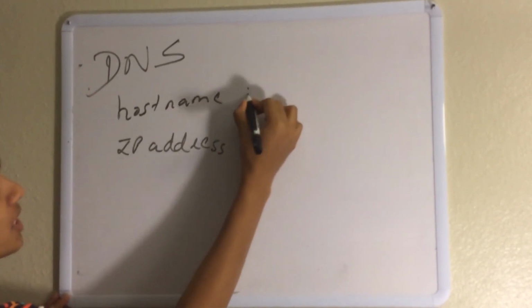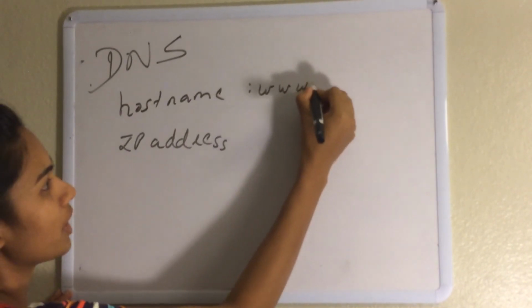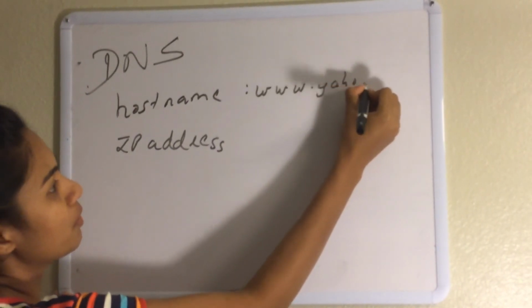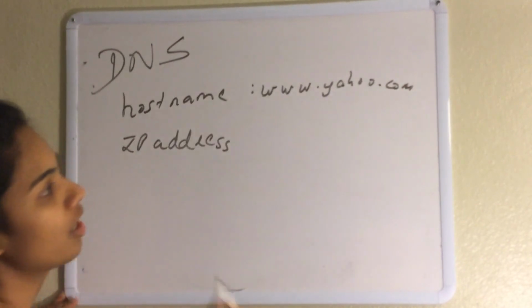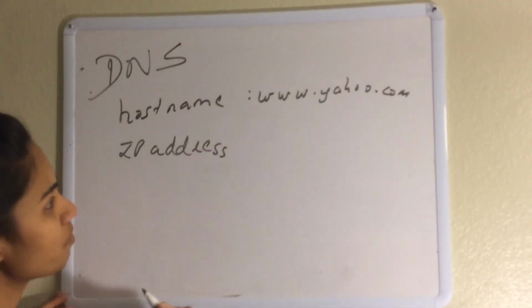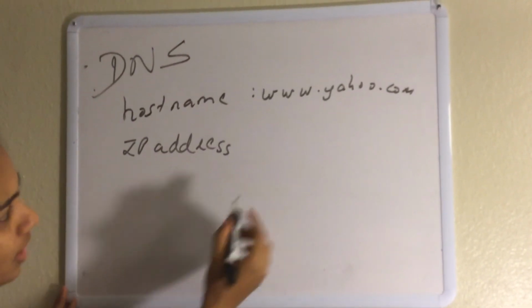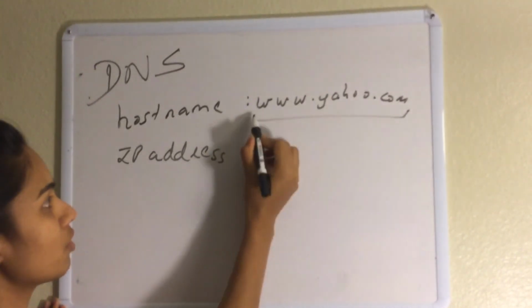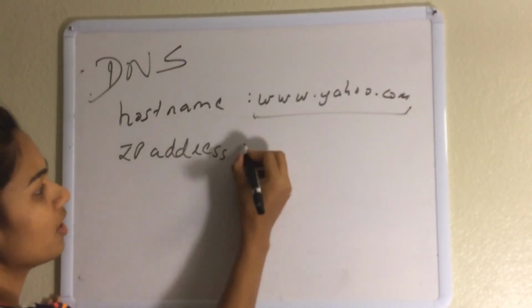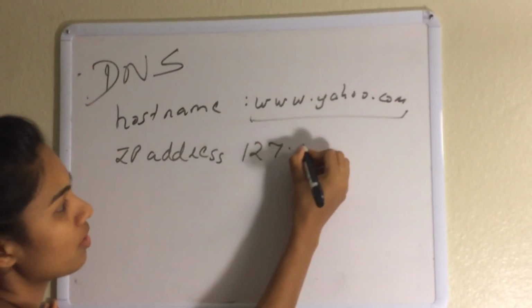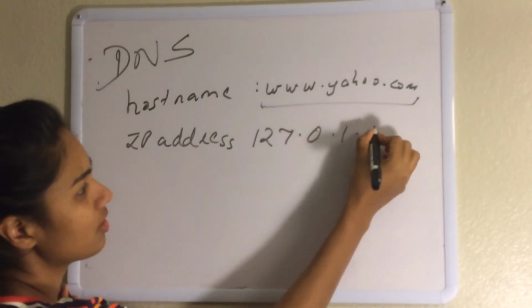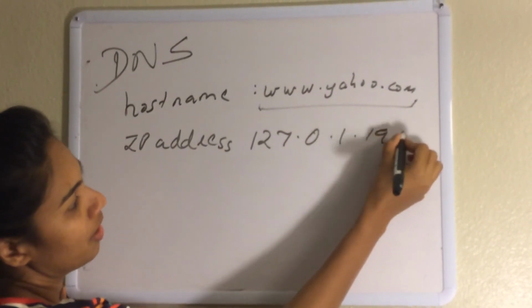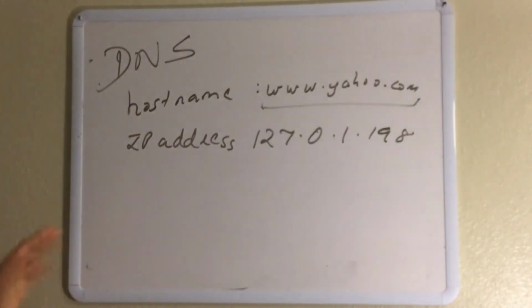A host name is, for example, www.yahoo.com. We can address this, but we actually cannot get much information from this. So we also use an IP address. An IP address looks something like this.